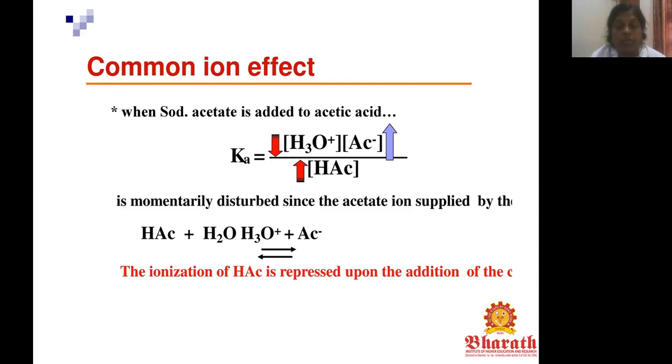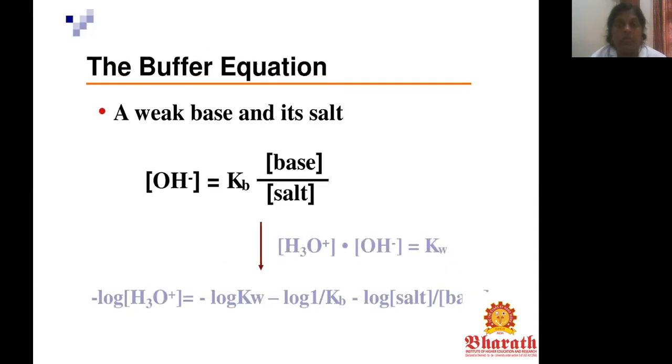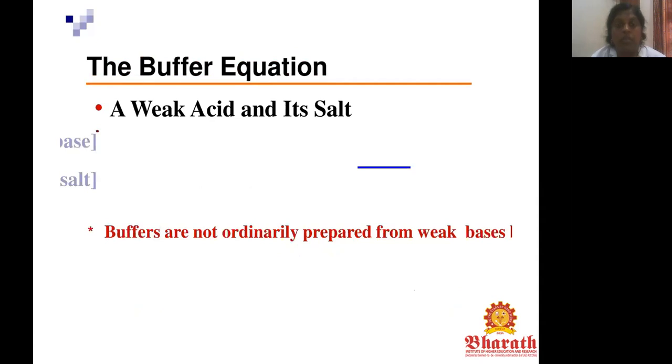The ionization of HAc upon the addition of the common ion is represented as HAc plus H2O giving H3O+ and Ac-. We can denote it this way. This is the buffer equation for the weak base and its salt. A buffer is not ordinarily prepared from weak bases alone.